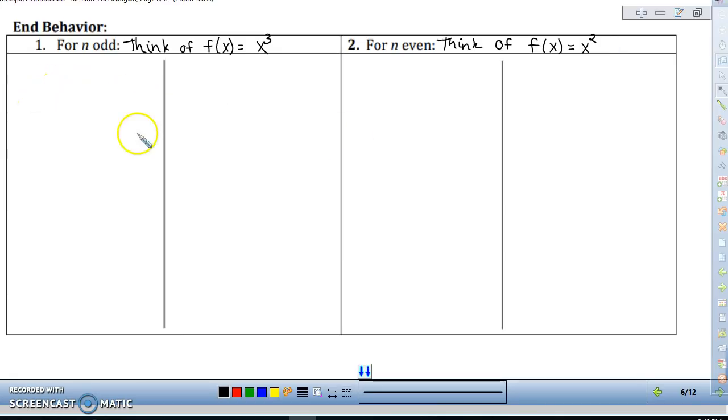So, within this odd degree polynomial, notice that our box is split into two. We have two options. We're either going to have a positive lead coefficient, I'm going to abbreviate coefficient here, or we are going to have a negative lead coefficient.